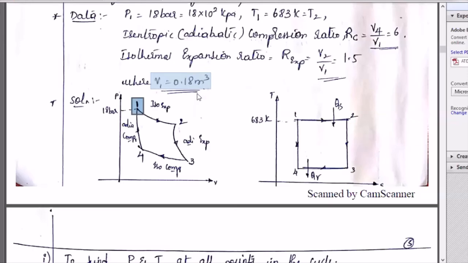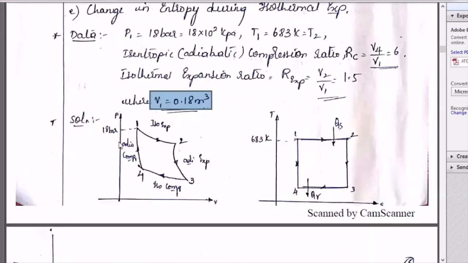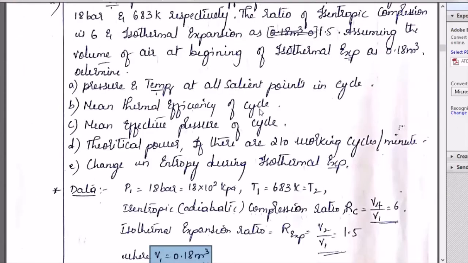So taking this down, what do we have to find out? Pressure and temperature at all salient points, meaning P1, P2, P3, P4, T1, T2, T3, T4. All these things we have to find out. Mean thermal efficiency, 1 minus QR by QS, we have to find out. Mean effective pressure we have to find out.